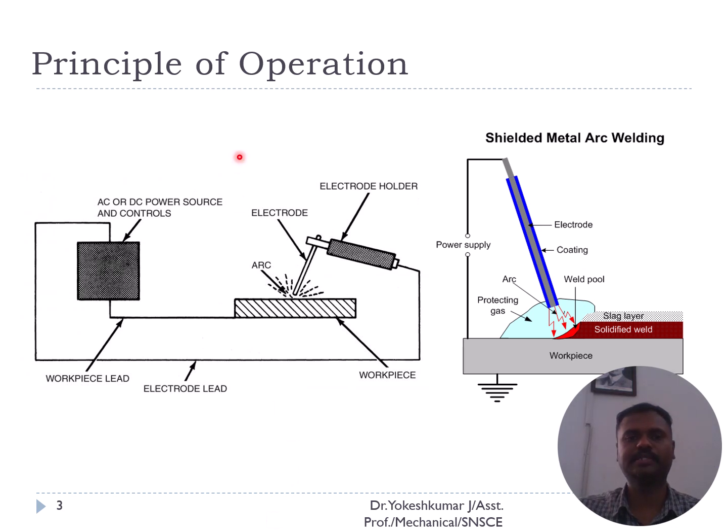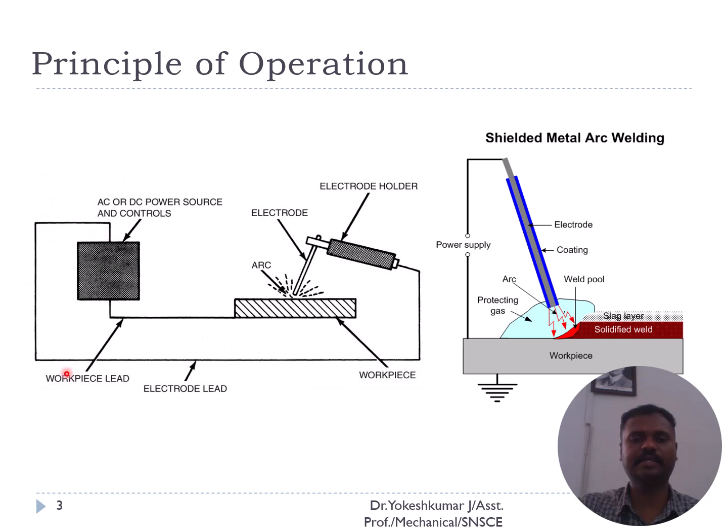Next we are going to discuss the principle of operation of the metal arc welding process. Here I want to explain the construction first. First we have to use an AC or DC power source and suitable controllers, which are used to control the voltage and current. Accordingly, we can adjust the temperature and the depth of penetration of the arc.